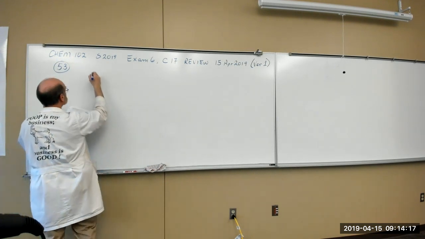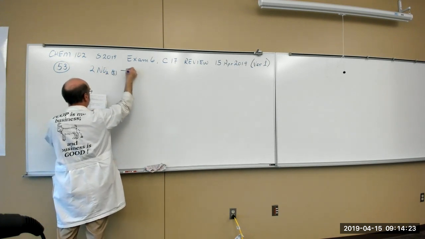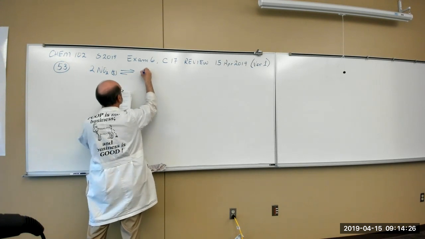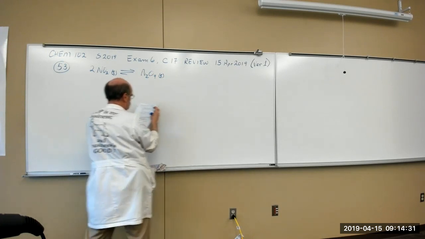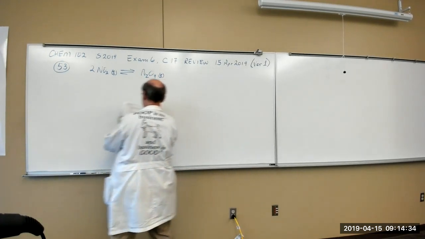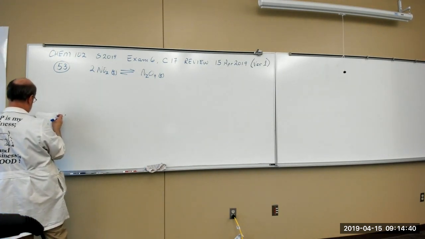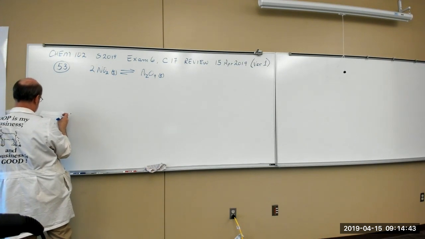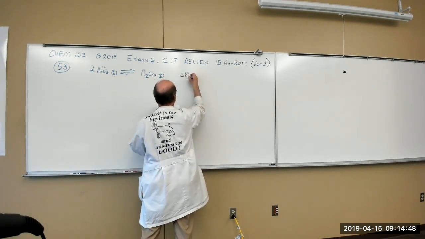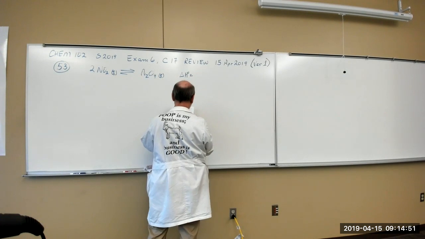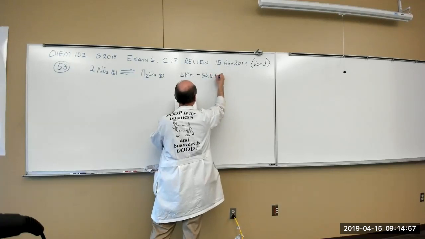So for this reaction, yields 204. The delta H is minus 50.8 kilojoules.